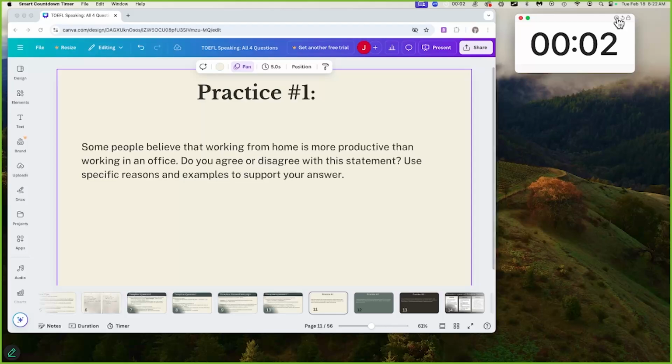Okay, great. Thank you. All right, so nice job there. So you had your two reasons with brief examples, and you finished with about 6 seconds left. So nice job. So you hit all the things you were supposed to hit.